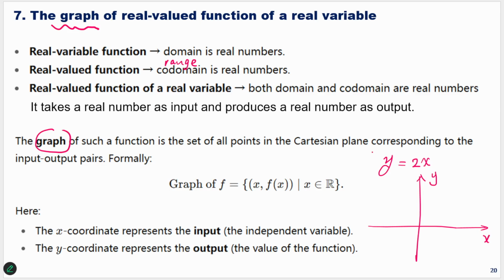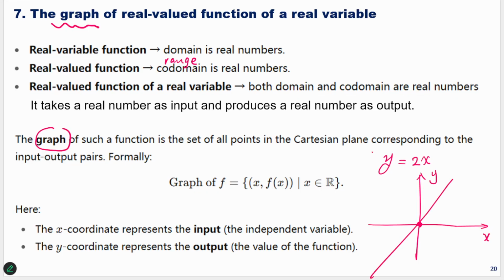When x is 0, y is 0, and as x increases, y increases proportionally, so it's actually a line which crosses the origin point. When you draw the graph of a function, usually we put the equation of that function next to its curve. So this is y equals 2x. The graph of a function again is a collection, a set of points that satisfy the equation of that function.